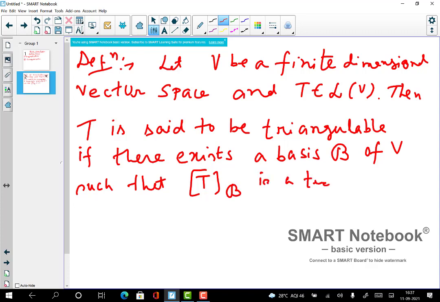So how does a triangular matrix look? Basically we will talk about the upper triangular matrix here, but you can do something similar with lower triangular also.